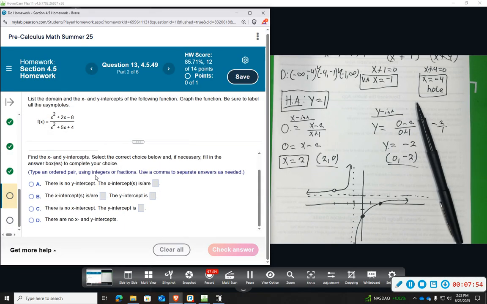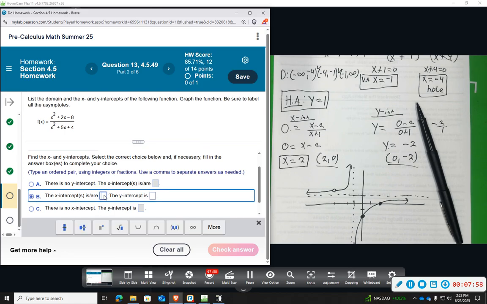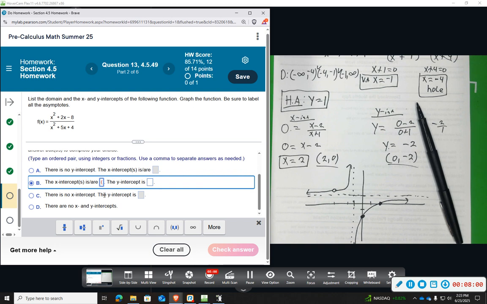We do have both x and y intercepts. So for B, the x-intercept was (2, 0). The y-intercept was (0, -2).